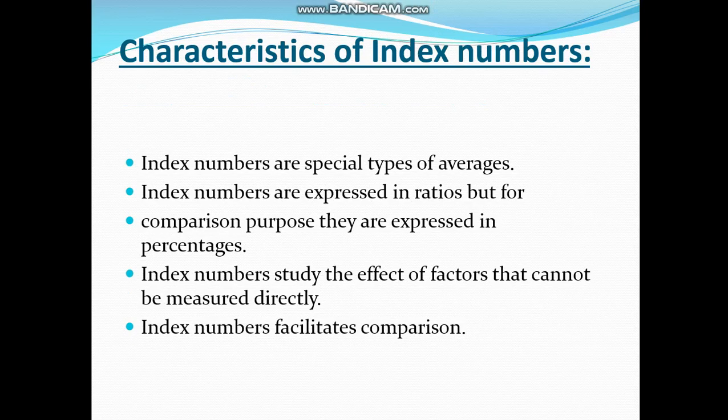Next, the characteristics of index numbers. The first characteristic is that it is a special type of average. And secondly, they are expressed in ratios, but for comparison purpose, they are expressed in percentages. You can recall the price relative formula, where the formula is P1 by P naught into 100. So here P1 by P naught is actually the ratio, and that ratio is multiplied by 100 in order to express it as percentage.